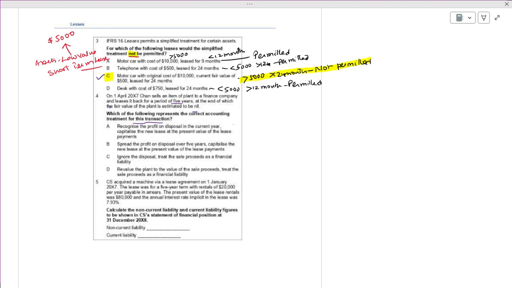Control transferred. Control has been transferred, yes or no? Sale, yes or no?